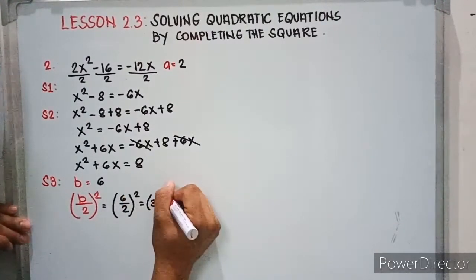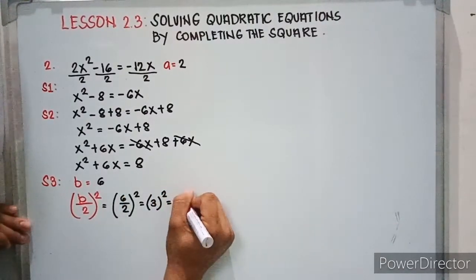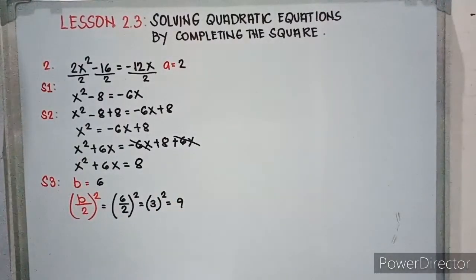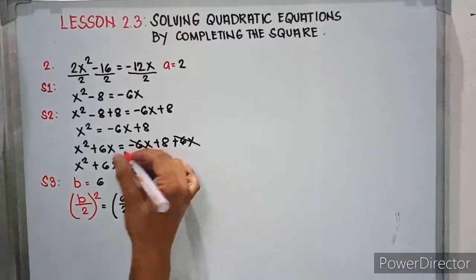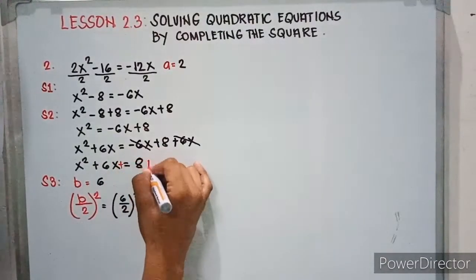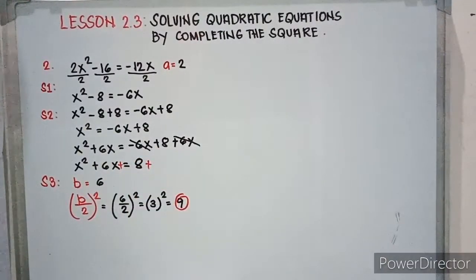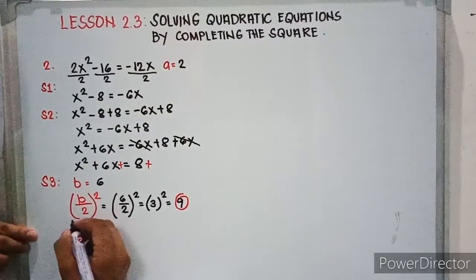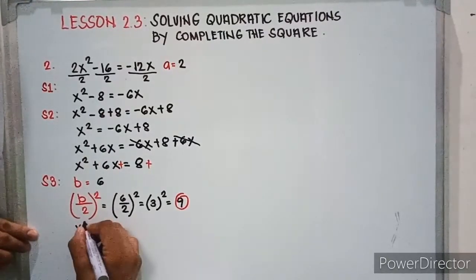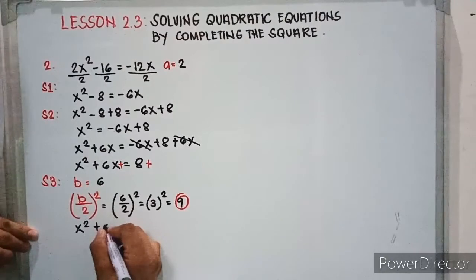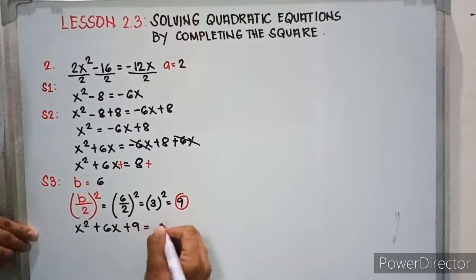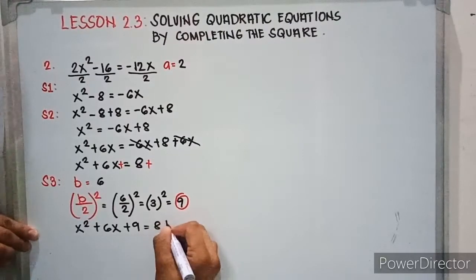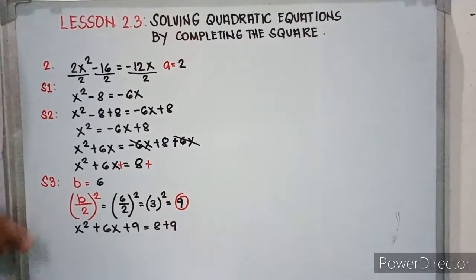Then squared, what is 3 times 3? That is 9. So our answer for b over 2 squared will be added to our left side and our right side. So that will become x squared plus 6x plus 9 equals 8 plus 9.